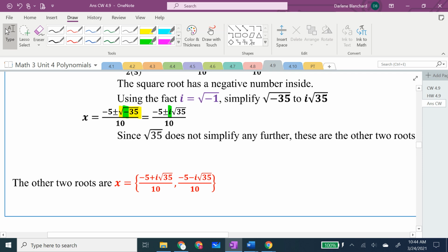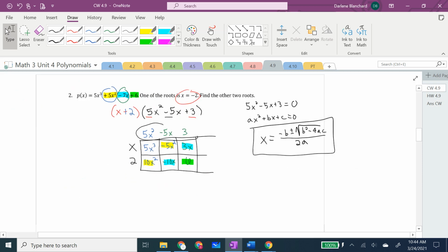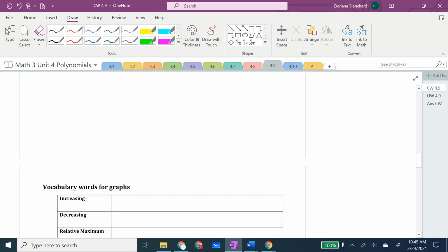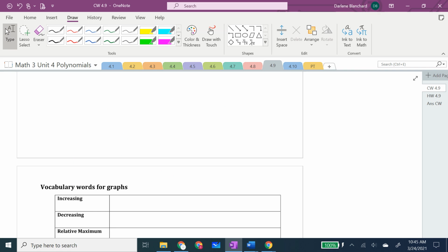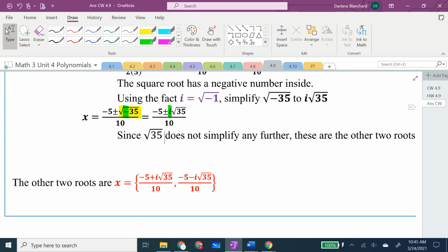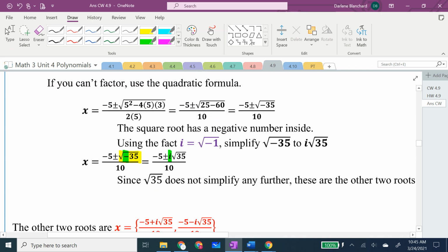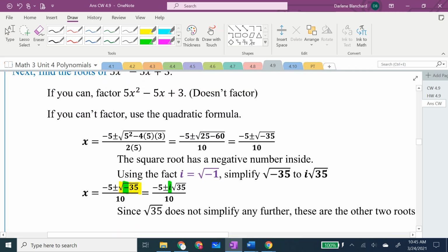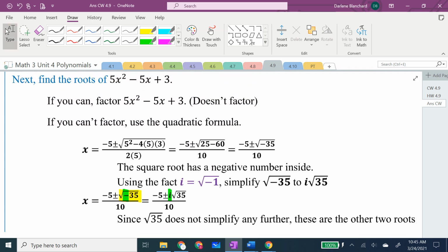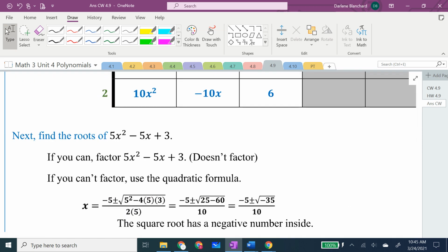Now, let's see how much I can get done in 6 minutes. Because I think, yes. When it says 5x squared minus 5x plus 3, why is it a positive? Okay, let me see real quick.